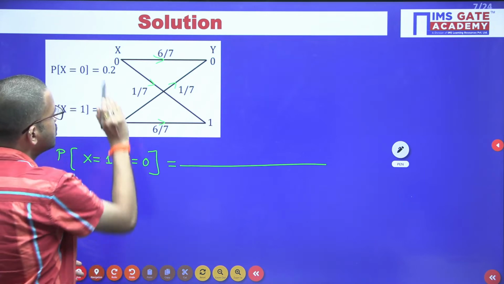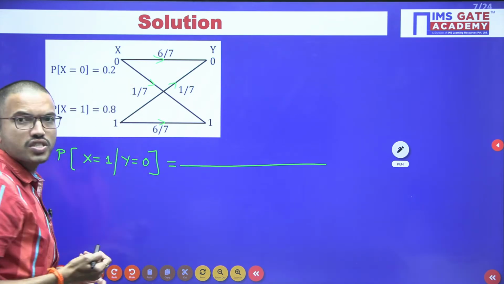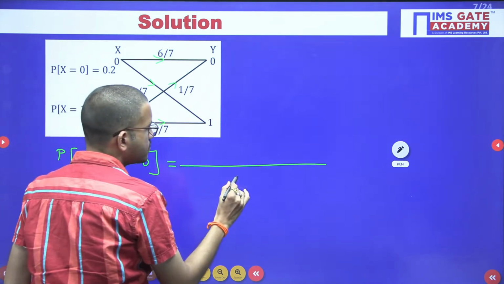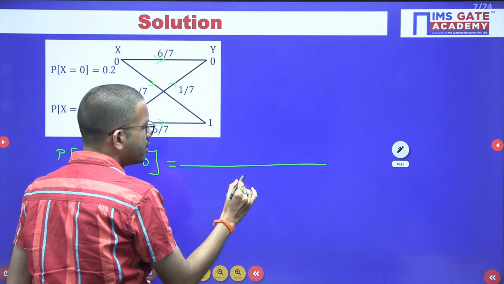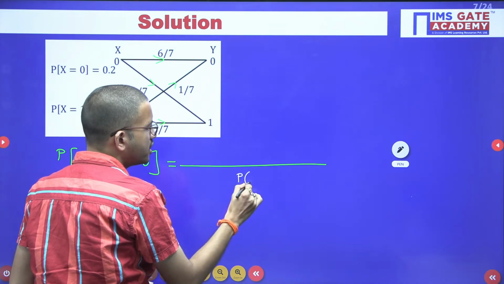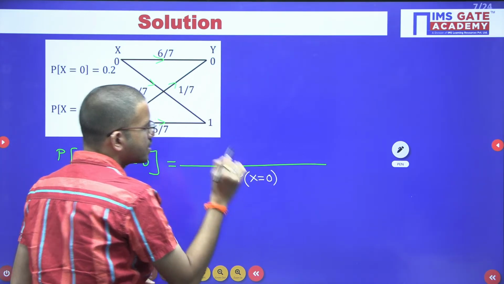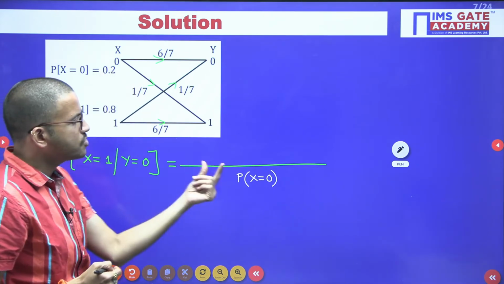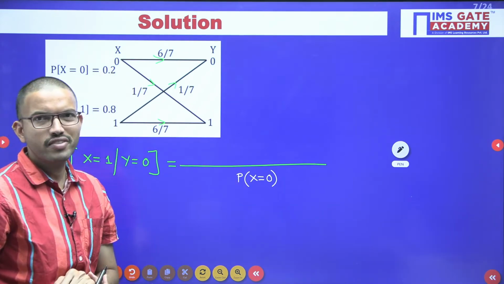In order to get the input bit as 0, you have the probability of x equal to 0.